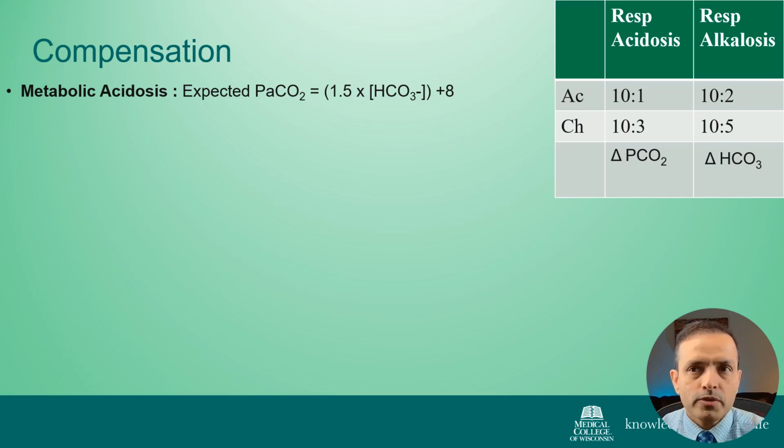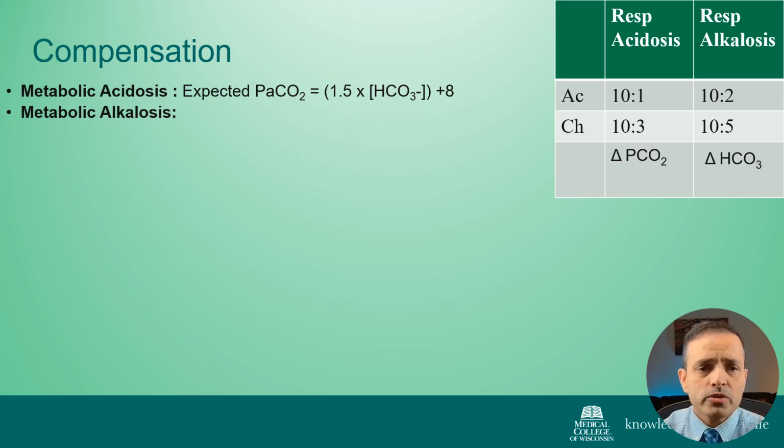So you want to calculate the expected PaCO2, which is done by Winter's formula: 1.5 times bicarbonate, plus 8, plus or minus 2. That's how you calculate, and we'll do some examples in part 3.